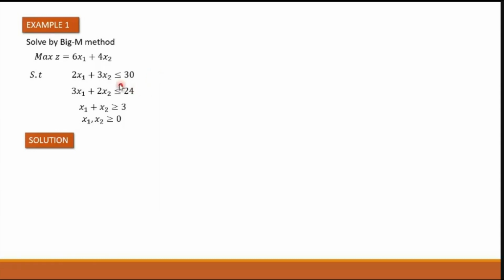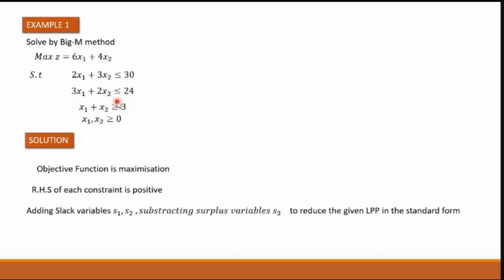So here the first two constraints are less than or equal to. That means we have to add a slack variable. Now here it is greater than or equal to, so the left hand side is greater than the right hand side, which means that something has to be subtracted from the left hand side. That is called a surplus variable. So reducing this LPP to standard form, the objective function is maximization, the right hand side is positive.